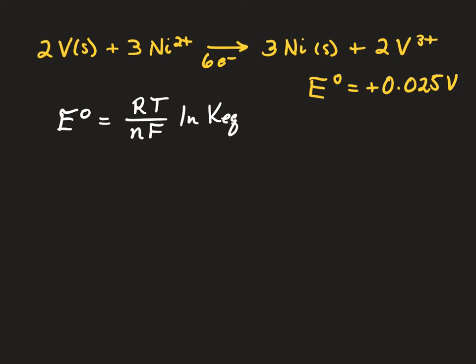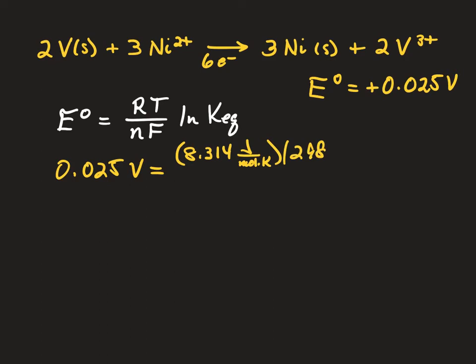And so we can substitute in and solve, that our 0.025 volts is equal to R, which is 8.314 joules per mole Kelvin, times 298.15 Kelvin.